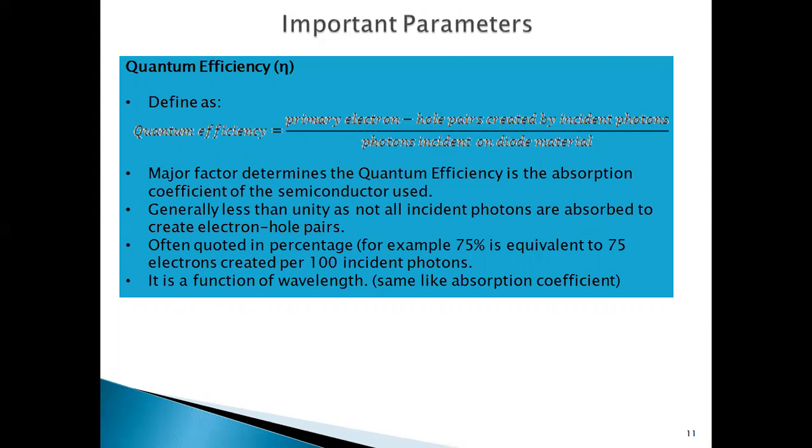So for the third parameter, we're going to learn about the quantum efficiency, eta, in which the quantum efficiency is defined to be a ratio between the primary pairs of the carrier created by the incident photons divided by the number of photons incident on the diode material.